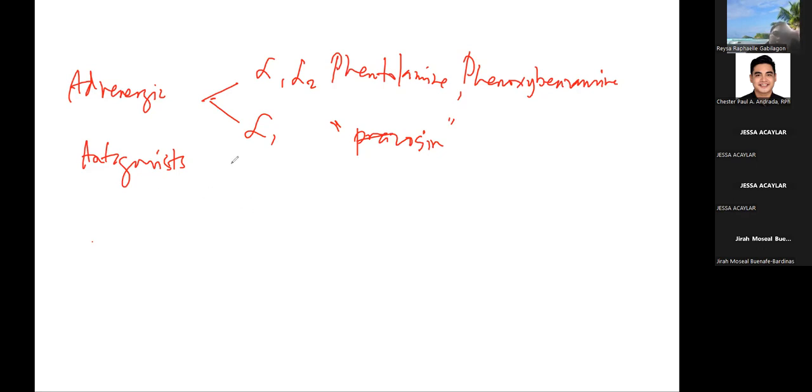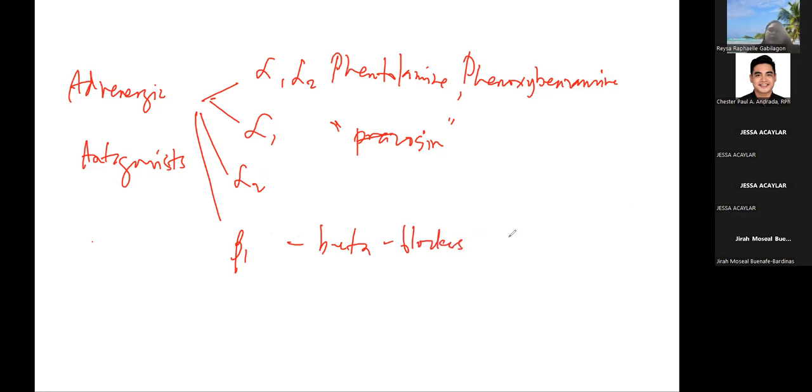Okay? And then we have some alpha-2 na selective receptors like yohimbine, which is not really common, but yohimbine is used for erectile dysfunction. And then for beta-1 receptor na antagonist, syempre we have our beta blockers, or that is what we know as our -olols.